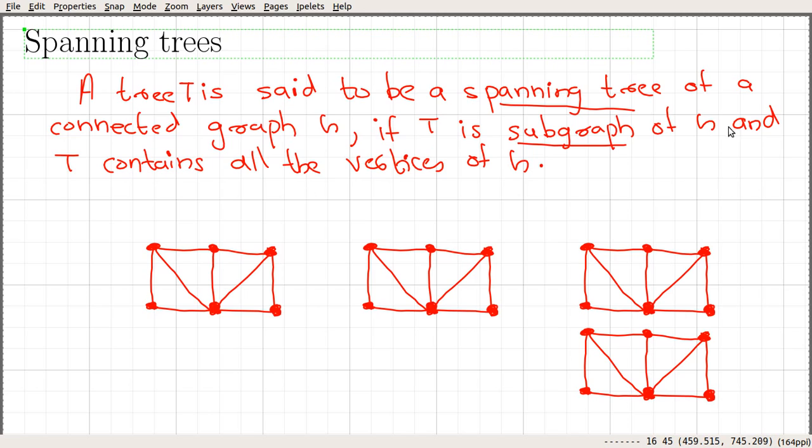Okay, T is a subgraph of G and T contains all the vertices of G.